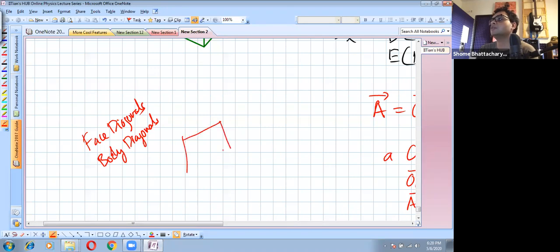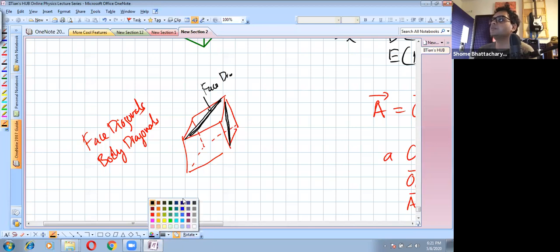For example, for any cuboid like this, this one is a face diagonal. This is a face diagonal. Similarly, this one is also a face diagonal. But if I draw a diagonal through the body of it, passing through the centroid, from this corner to this opposite corner, like this one is what we define as the body diagonal.